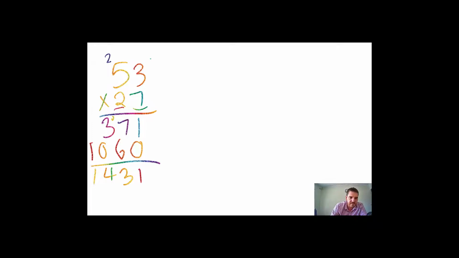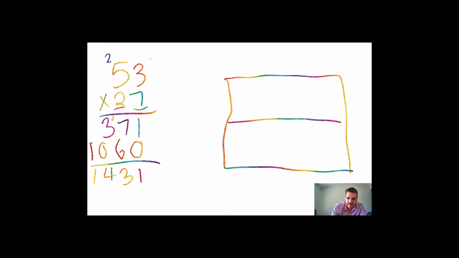On the other side of the screen here, I'm going to draw myself a window. And what I'm going to do here is break 53 into 50 and 3. And on the side here, 20 and 7.